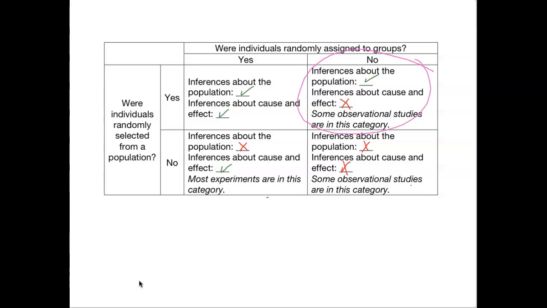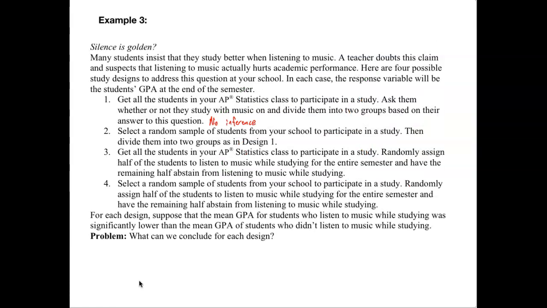So I am taking a random sample, but I am not assigning treatments. So I can determine association, but not cause and effect. So I could say that music is associated with GPA.